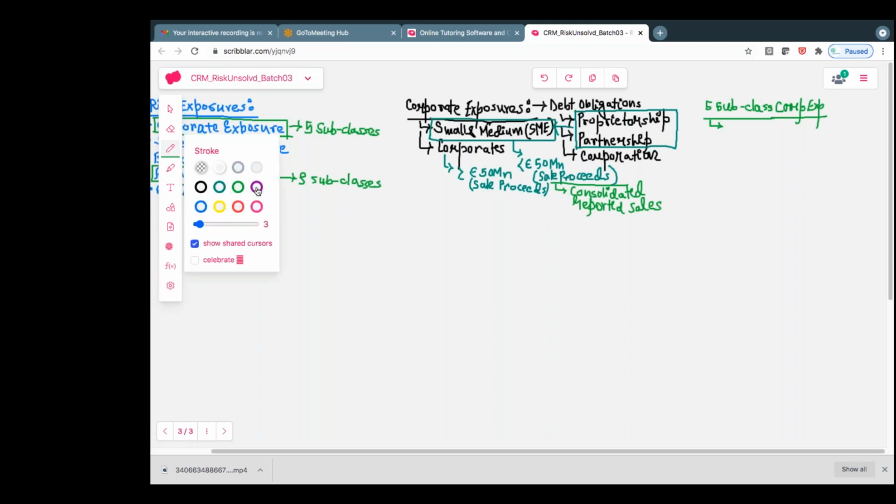The first subclass that I have over here is project finance.